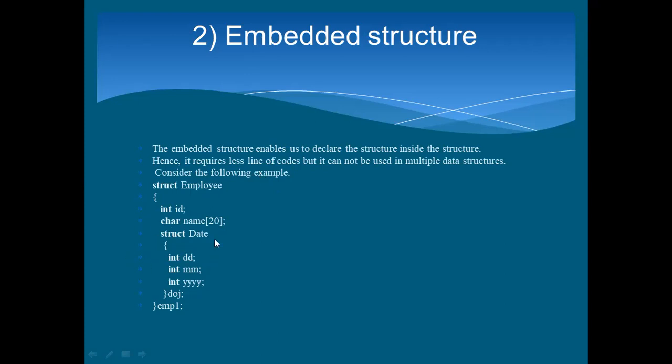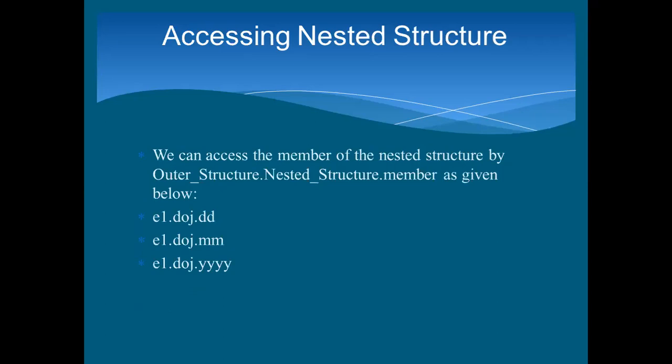So this is another way. Whenever you know that the structure is not required in other structures, then we embed it. Otherwise we write the structure definition or template outside the structure.